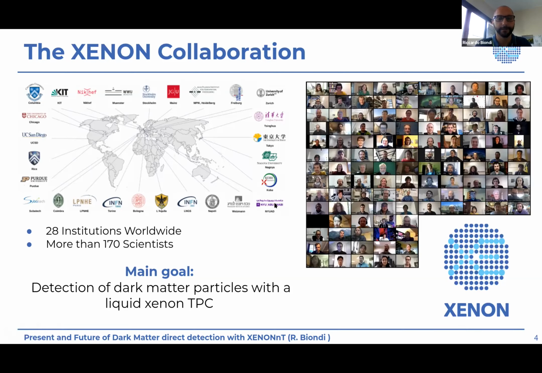You can see here that the people from our collaboration come from all the regions of the world, and you can see one of the last collaboration meetings that, of course, was done in a virtual way because of the pandemic. The main goal of this collaboration is the detection of a dark matter particle with a liquid xenon TPC.